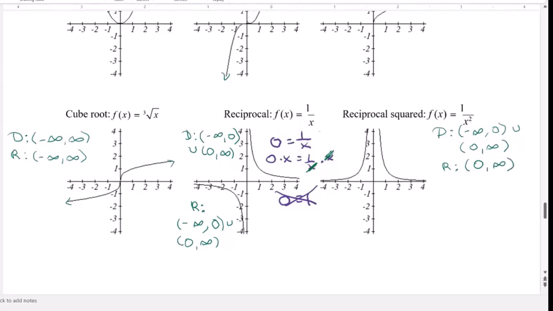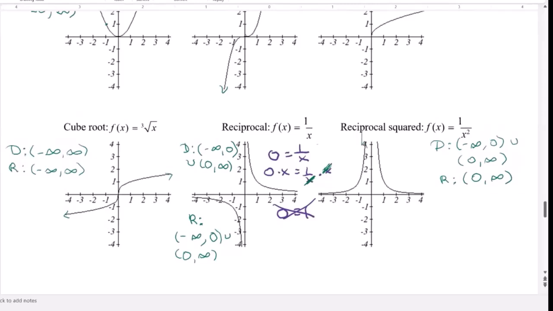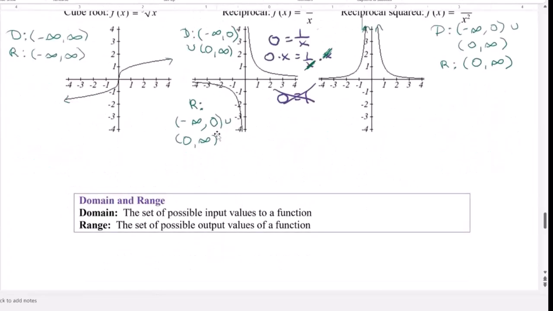And that's my range. Because I start just past 0 and I can go all the way up to infinity. These two lines continue upward.